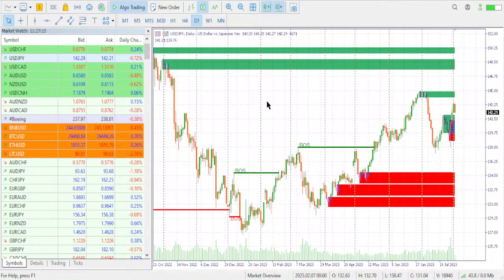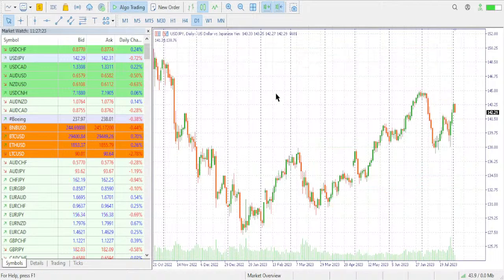So we're going to look at the pairs where we have the US dollar as the index. And since the news has not already happened, we want to look at the exact scenario: what should happen just before the news and what we expect to be happening after the news.